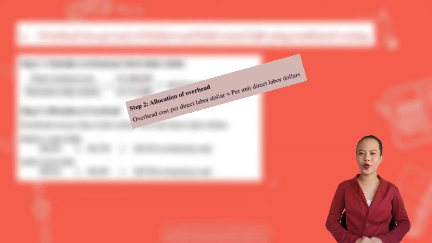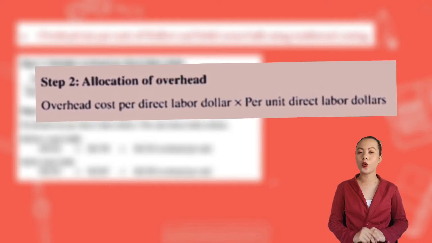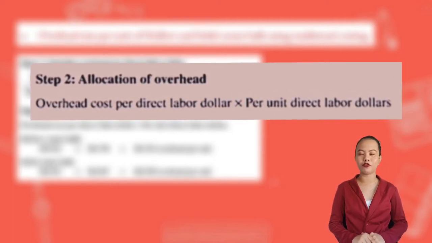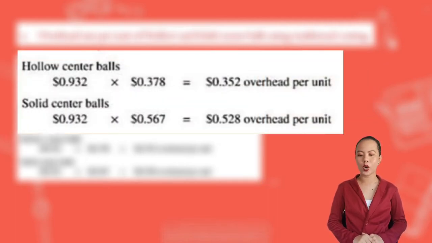Step 2, we need to allocate our overhead cost. In order to do that, we need to multiply the amount that we've derived earlier, which is the overhead cost per direct labor dollar, by the per unit direct labor dollars. For the hollow center balls, we have 0.932 multiplied by $0.378.